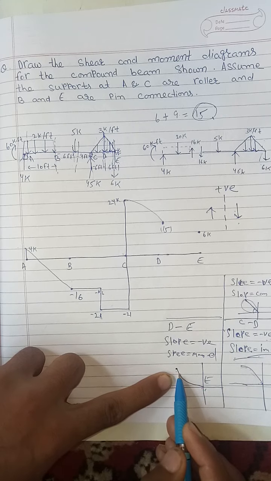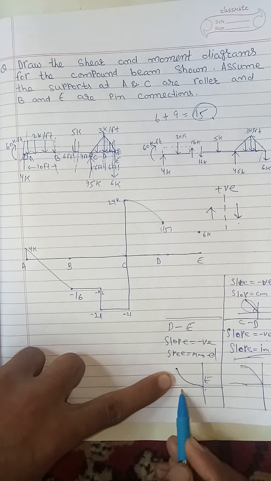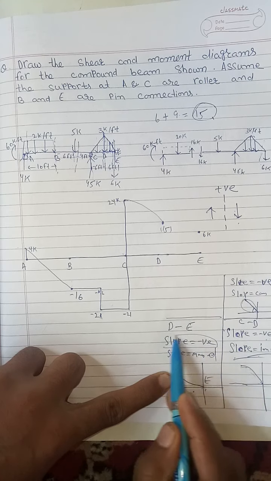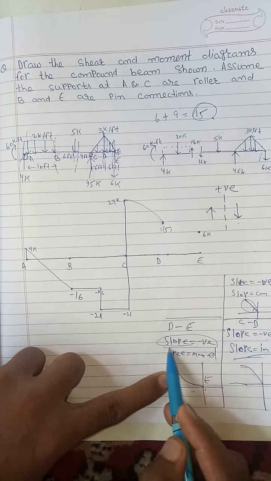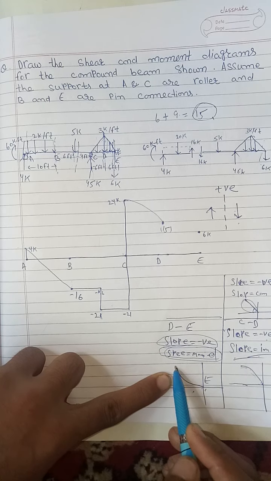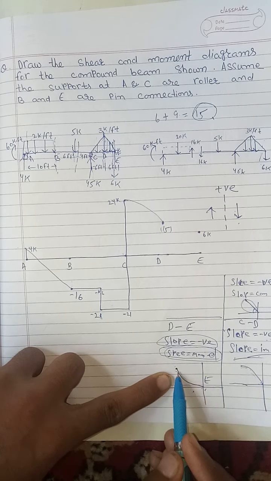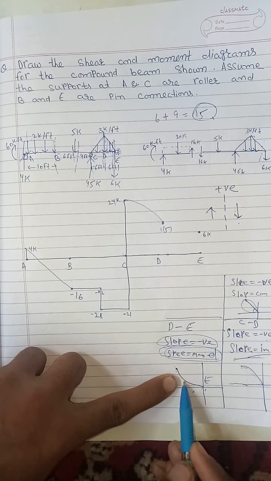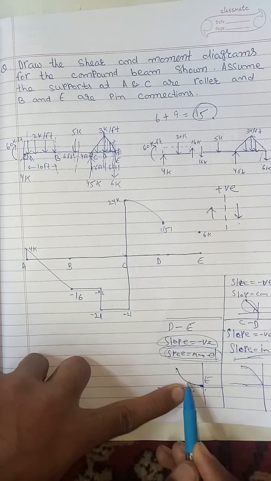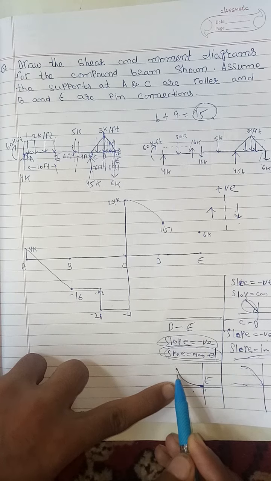Here it is more inclined, this line has negative slope, so the first condition is satisfied. Now the second condition is slope is decreasing in magnitude from point D to E. This is more inclined at point D, less inclined at point E. This inclination is decreasing. This will go like that.